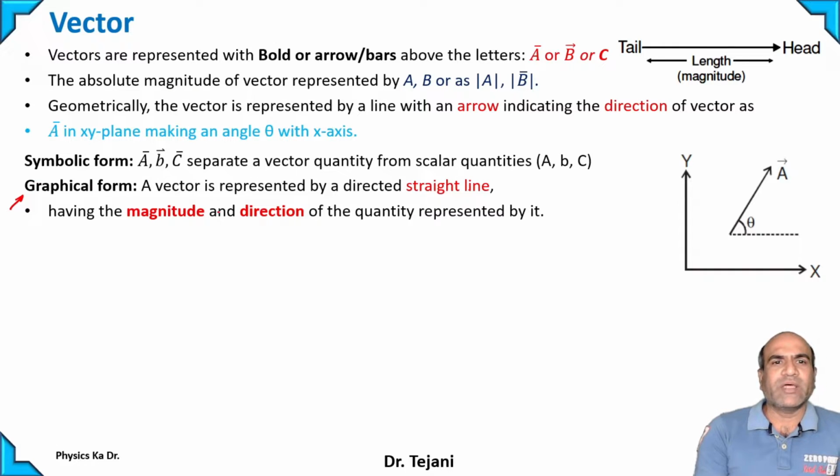Graphically, a vector is represented by a straight line. The length represents the magnitude, and the arrowhead represents the direction.